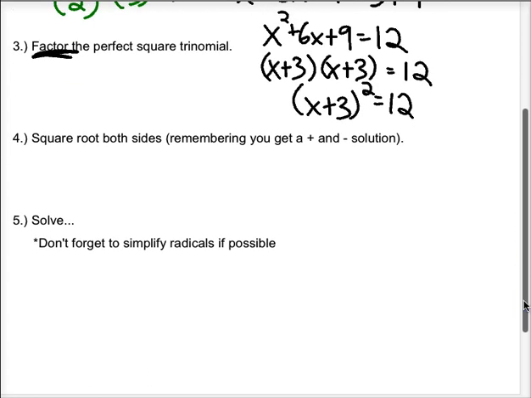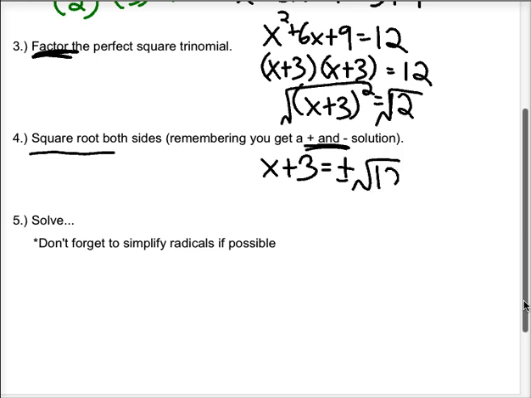And now that I've done that, now I can start actually solving this, because the fourth step is now we start square rooting. So I'm going to square root both sides, because a square root undoes a square. So all I have left is x plus 3 on that side. Then remembering the plus and minus, I get that.